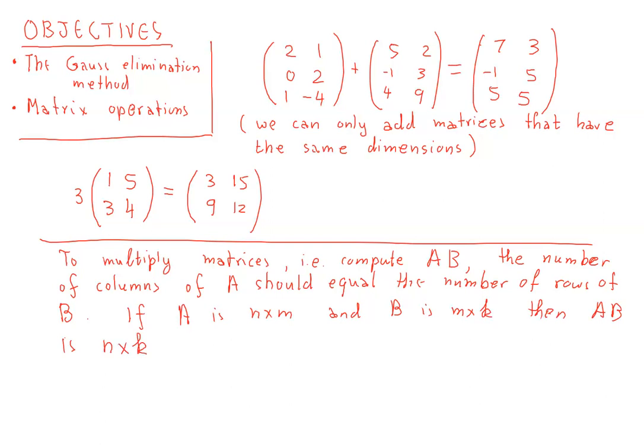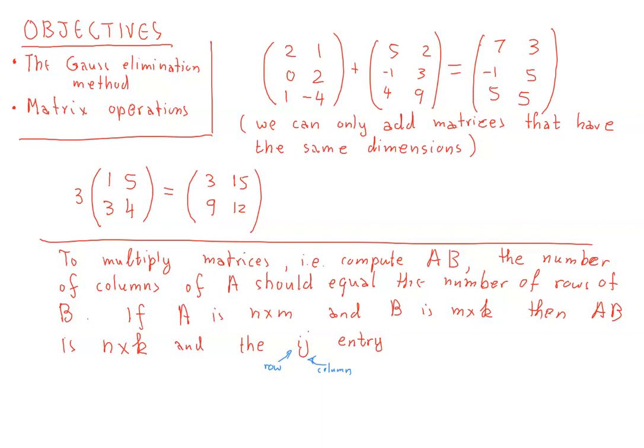So you see, in some sense, the middle number m, which is the same for the two matrices, disappears, and you get n rows and k columns. And when I say ij entry, always with matrices, the first number is the row and the second number is the column. Okay, please remember that.